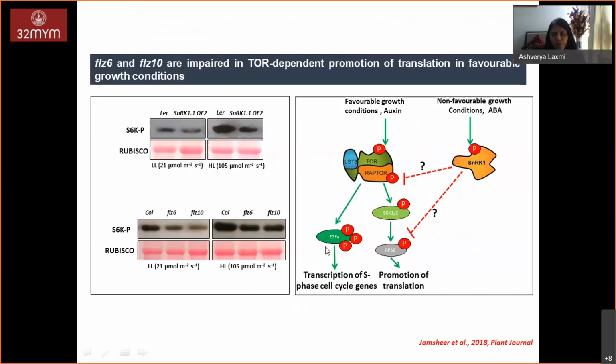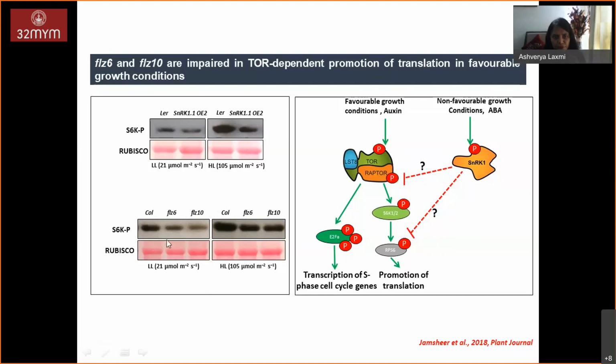As I told you before, the presence or activation of Snrk can downregulate TOR signaling, because Snrk can phosphorylate Raptor and it downregulates the TOR signaling. We looked at the TOR signaling as well. S6K kinase phosphorylation is a readout for how the TOR signaling is behaving within the system. Since the mutant had more Snrk levels, we thought it would probably downregulate TOR signaling.